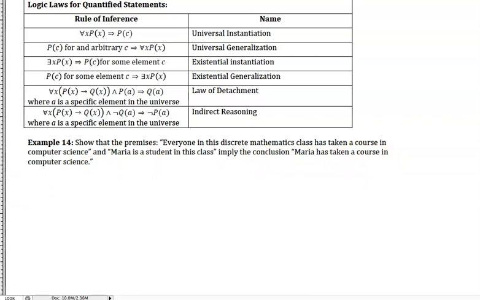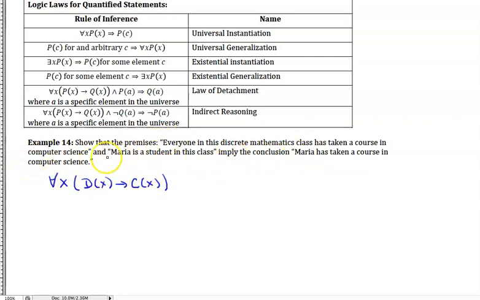So let's translate this. Everyone in this discrete math class has taken a course in computer science. That says for all people, if the person is in discrete math, then they have taken a class in computer science. So that's the translation of the first premise.